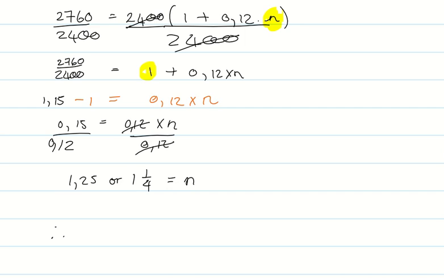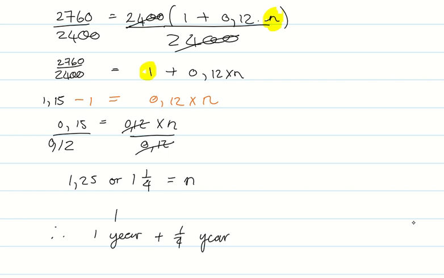Now, what is the question? They ask me to determine how many months. So 1 year is 12 months, plus 3 months, is equal to 15 months. So now I can answer the question. It's actually 1 year plus another quarter of a year, but they don't ask me in terms of years.